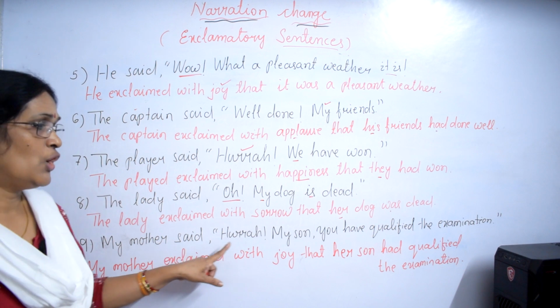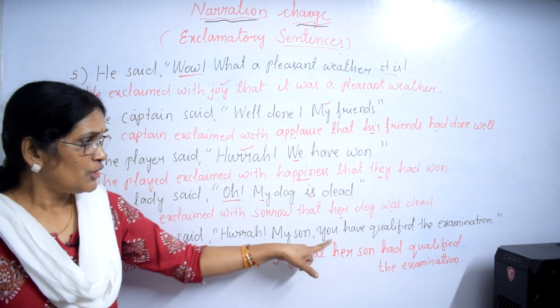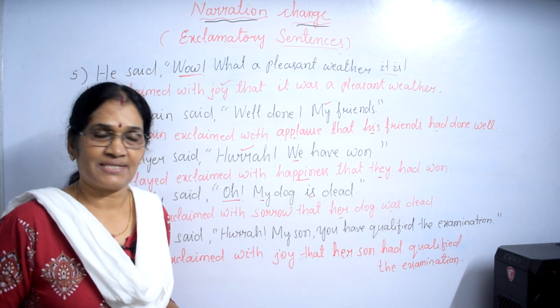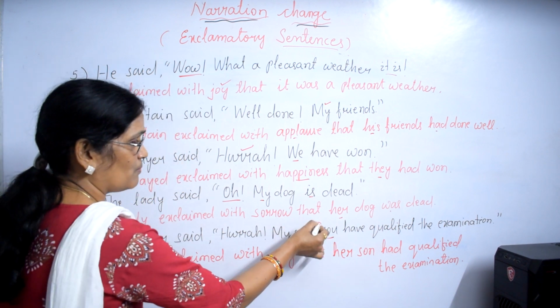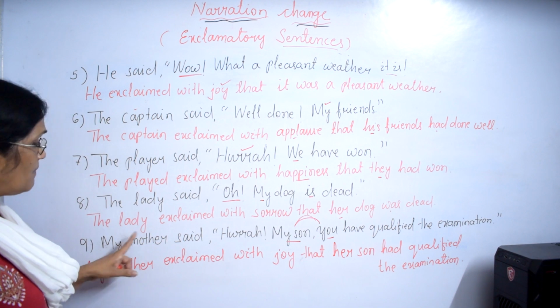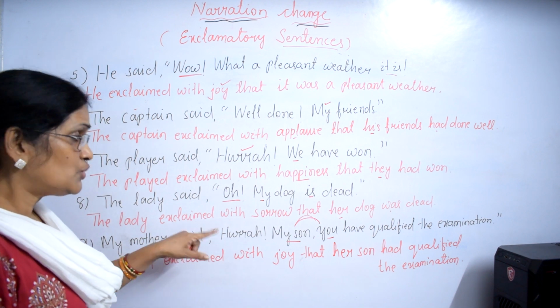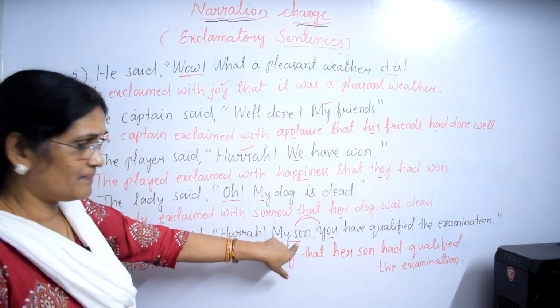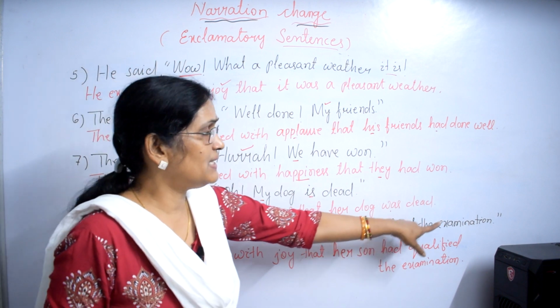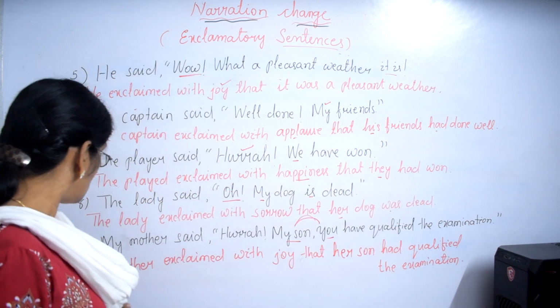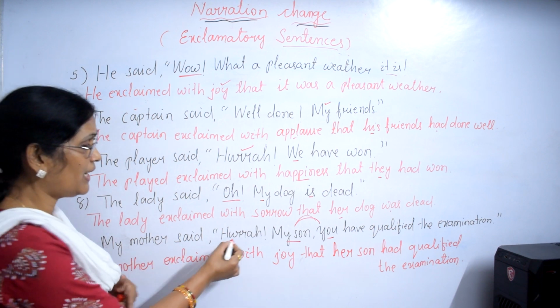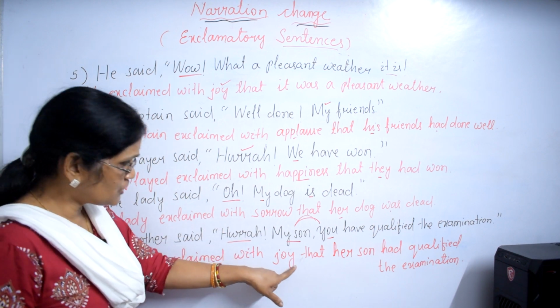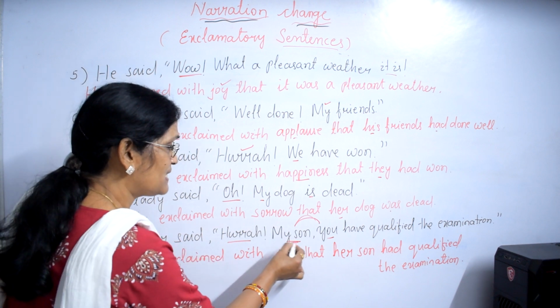My mother said, "Hooray, my son, you have qualified the examination." Here too, my son, you, both are the same person. My mother said to her son, you have qualified the examination. So, what will be? My mother exclaimed with joy, hooray, exclaimed with joy that who is my son?